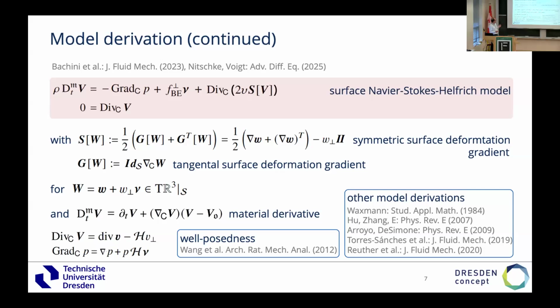The material derivative is written here, and the different surface operators I used are written here, and rewriting them again in tangential and normal components, one nicely sees this coupling between tangential flow and shape deformation, right? So in all these terms, these things are coupled. Now, there are different ways of deriving this equation. Some of them are written down here, and there's also some analysis showing well-posedness for this system.